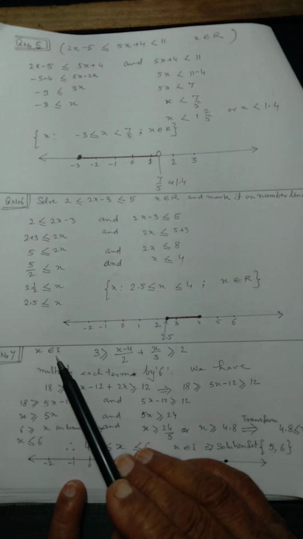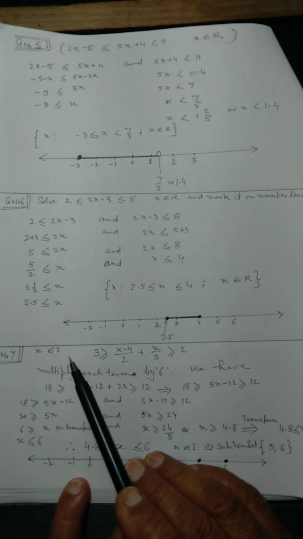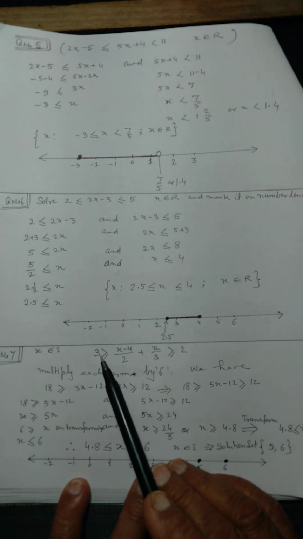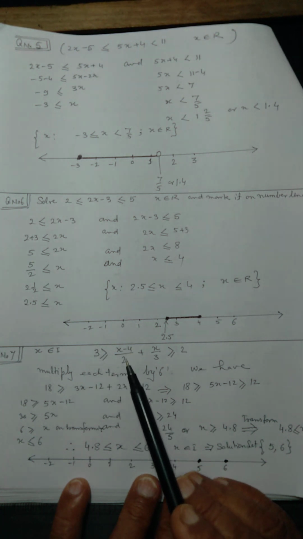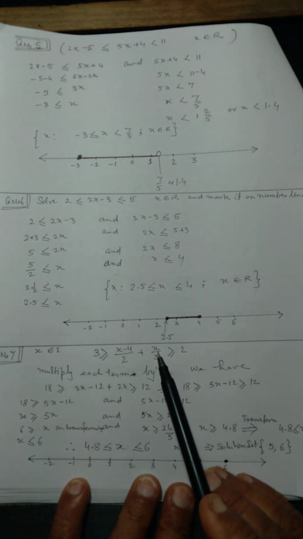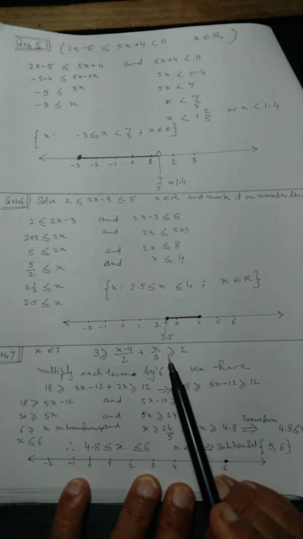You see, x belongs to integer. So 3 greater than or equal to x minus 4 by 2 plus x by 3 greater than or equal to 2.